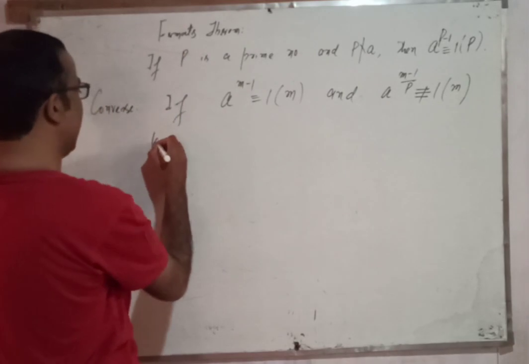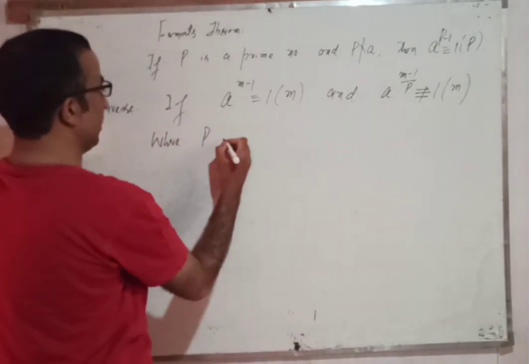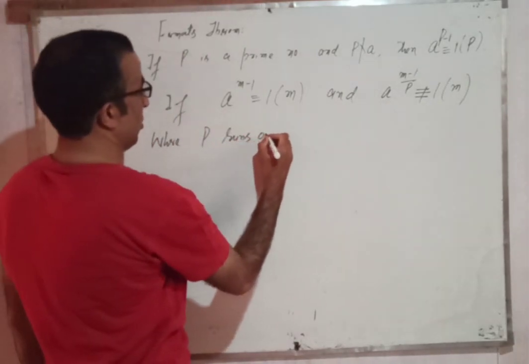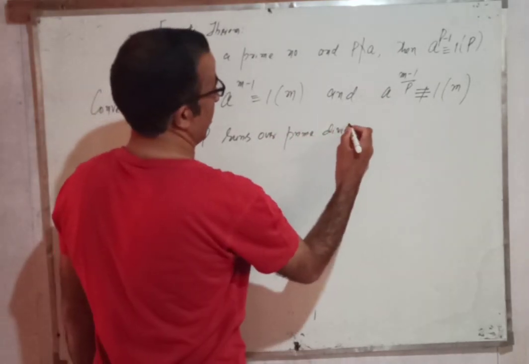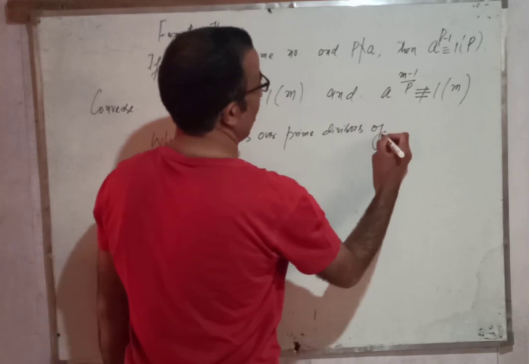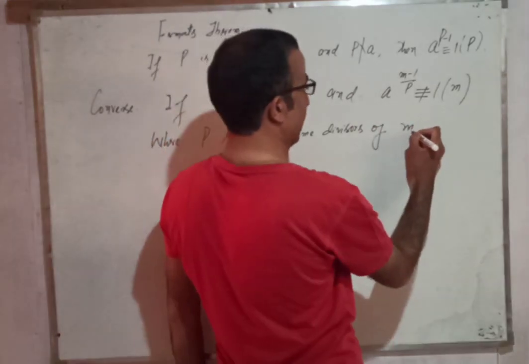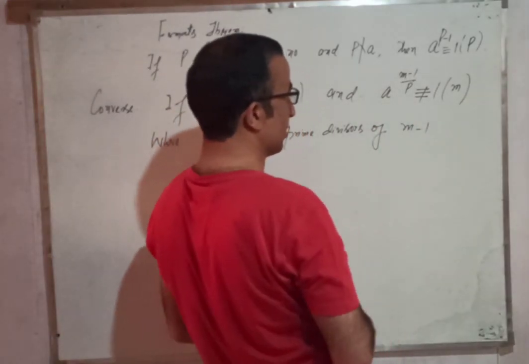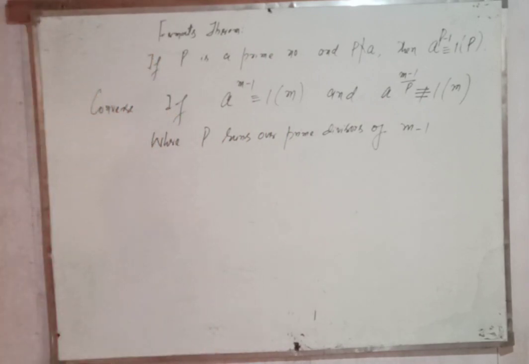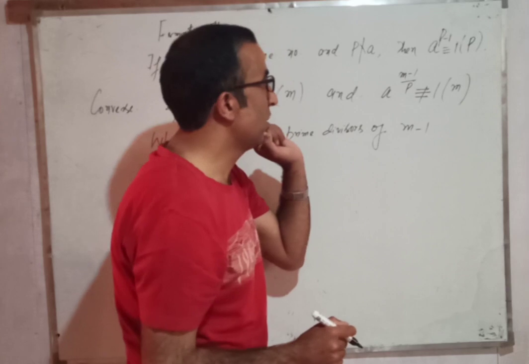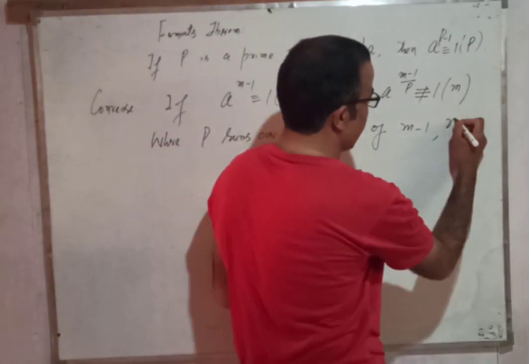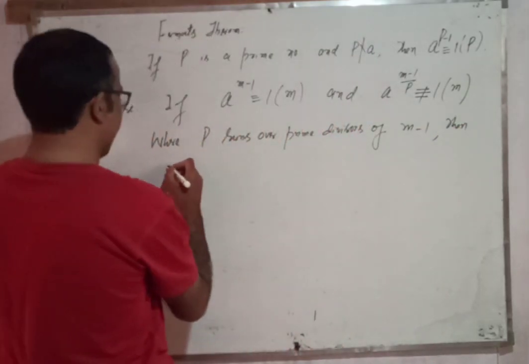What is p here? Where p runs over prime divisors of m minus 1. If this congruence does not hold, where p is a prime divisor of m minus 1, then m is a prime number.